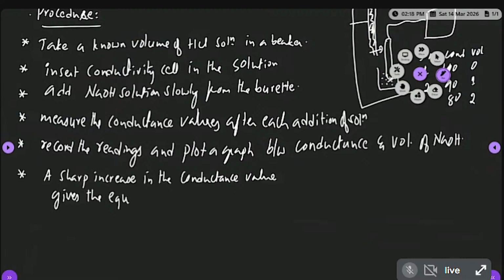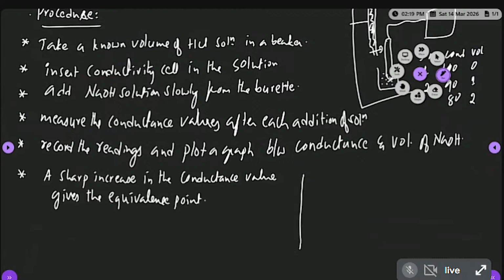Gives the equivalence point. Okay, so by that we get the equivalence point. For example, a graph draw చేయండి.